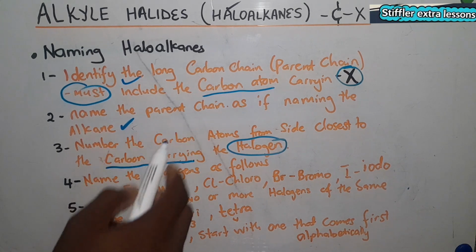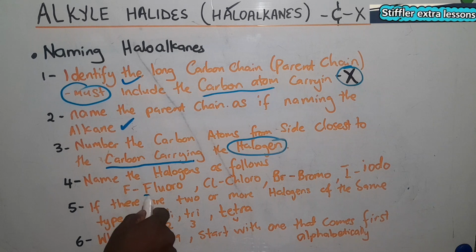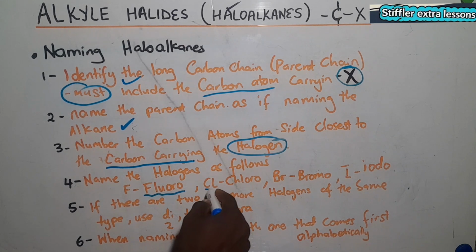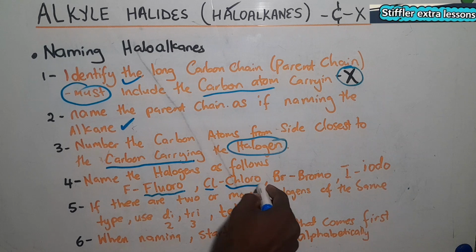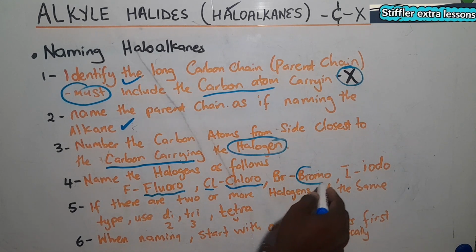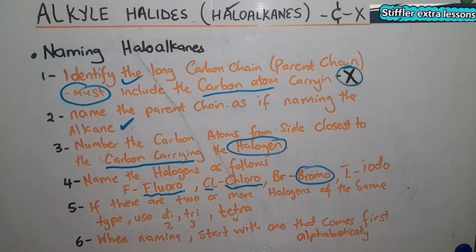If you have a fluorine, you name it fluoro with its carbon number. When it is chlorine, you name it chloro. If it is bromine, you name it bromo. And if it is iodine, you name it iodo.